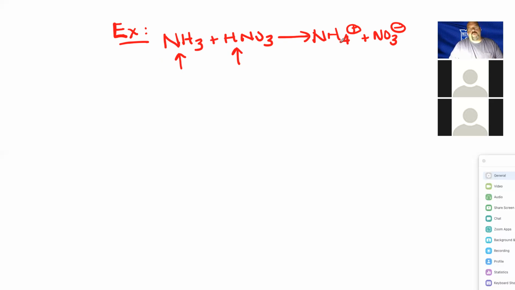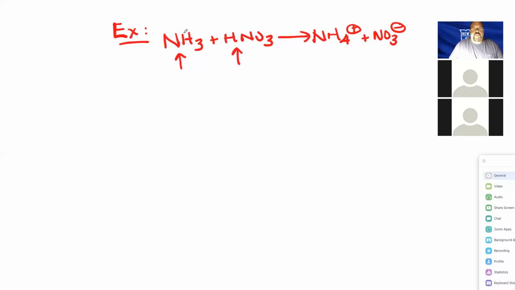The second part of it would be, what did it do to become that? Did it donate a proton to the HNO3, or did it accept a proton from the HNO3? And remember, very important, you only donate and accept with what you're on the same side with.